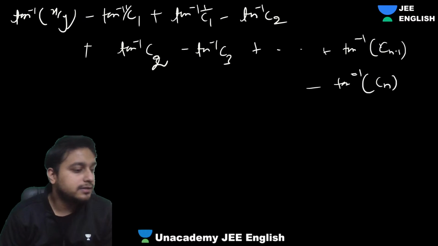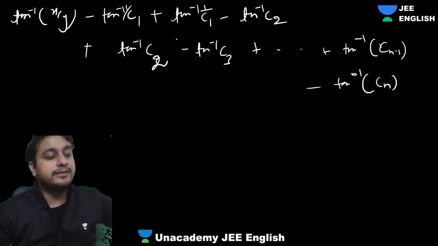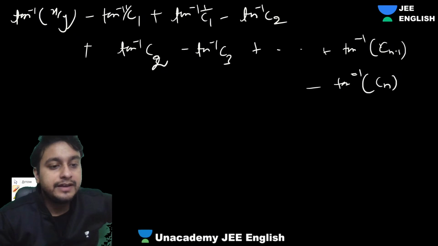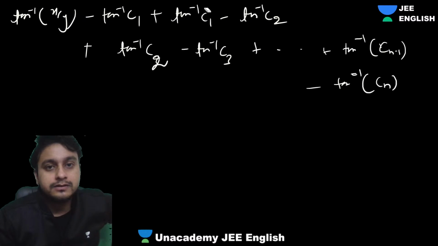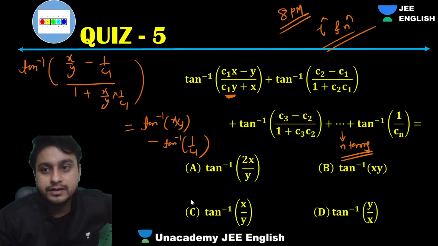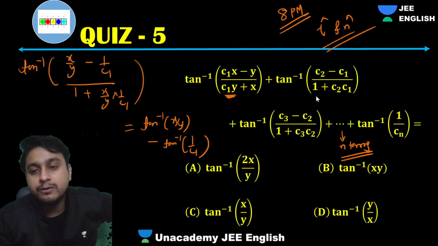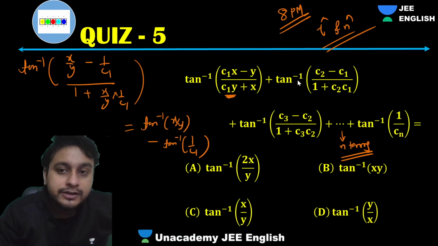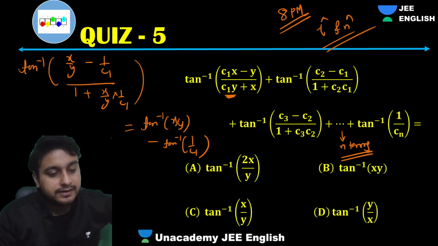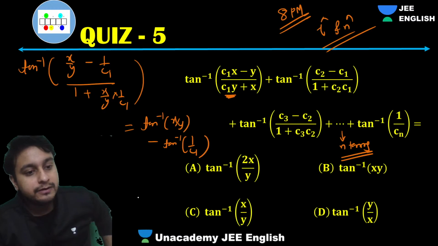Here we have 1 by. To understand that part, here you also need to divide by c2 c1. Actually, inside this it is coming as 1 by c1. Are you getting my point, everyone?